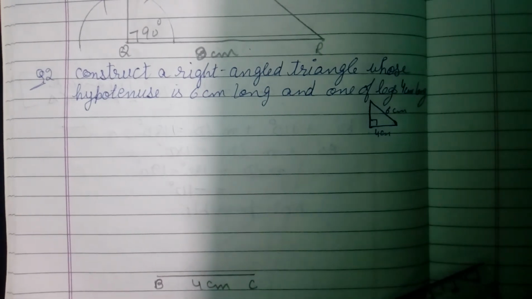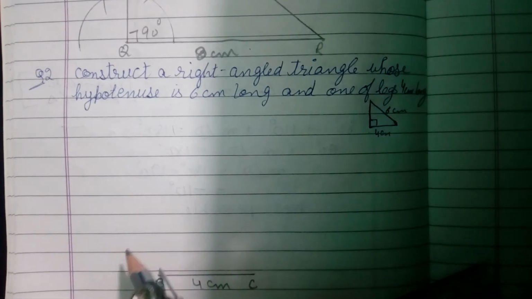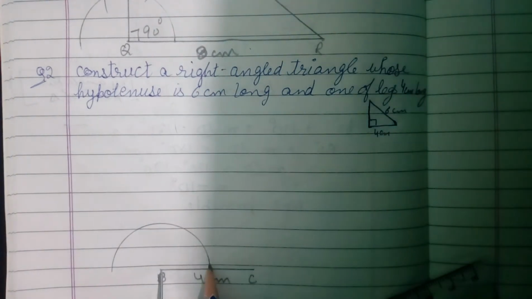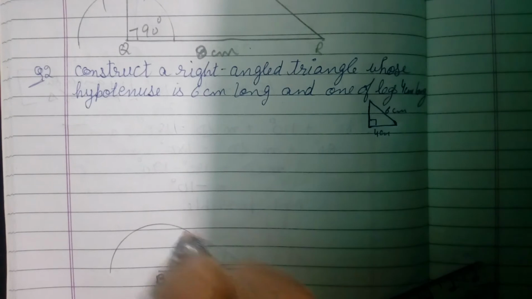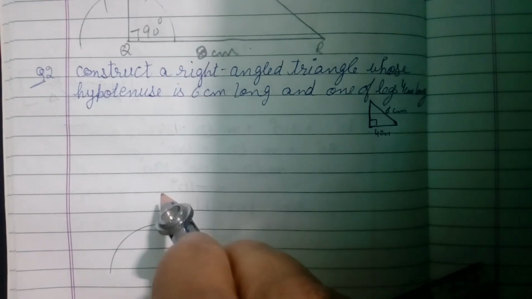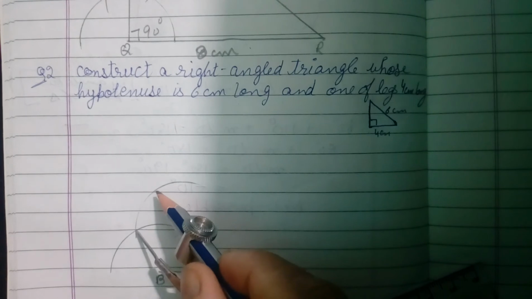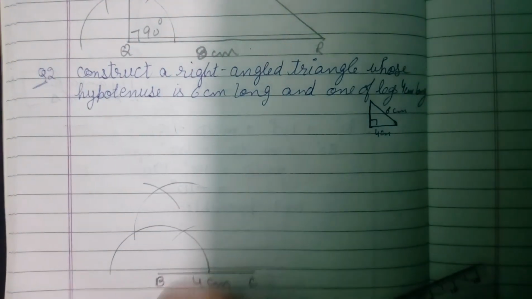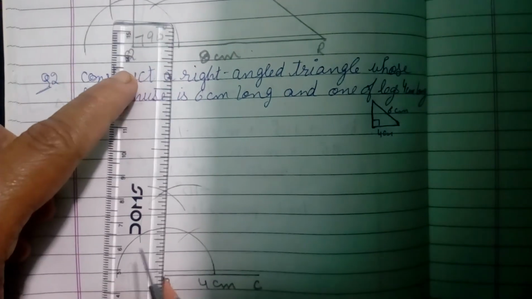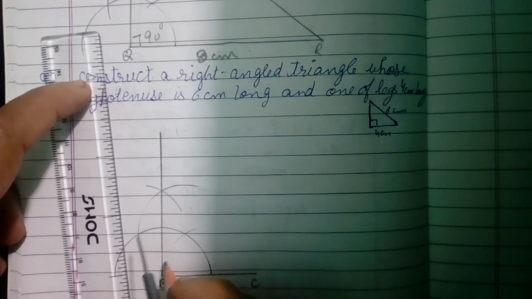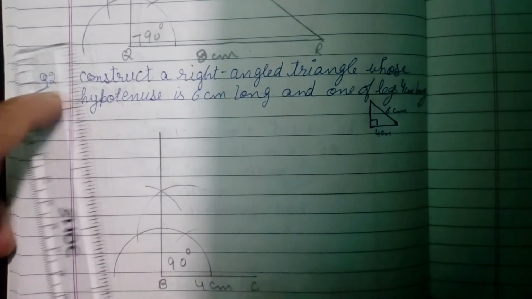Now again right angled, so at B construct an angle of 90 degree, first arc, then second arc, and wherever this 120 and 60 arcs will meet, the angle between them will be of 90 degree. This is our 90 degree angle.